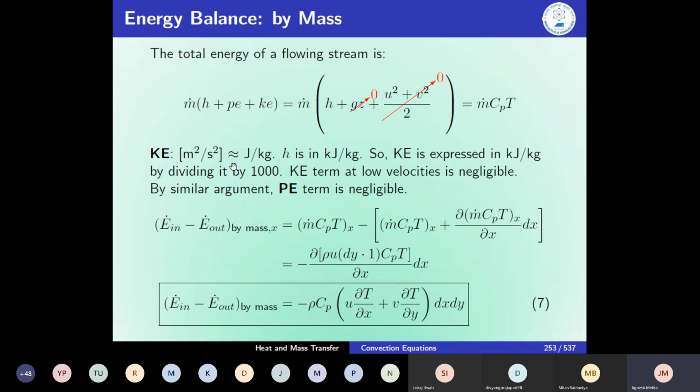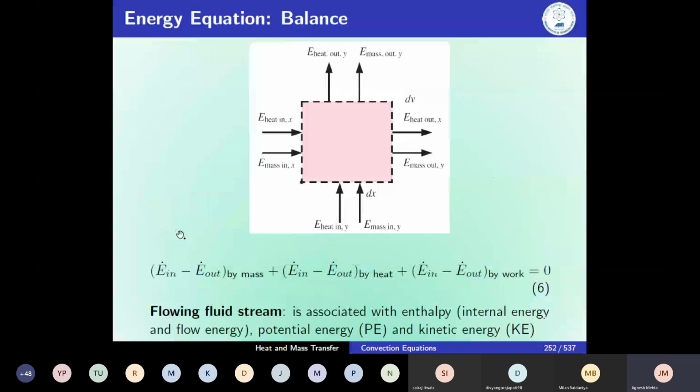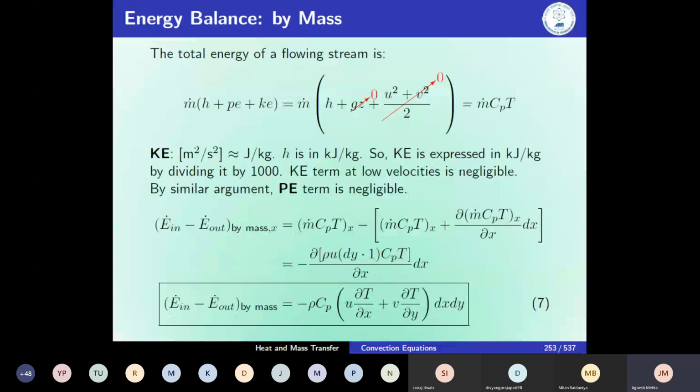Now the kinetic energy, the units, etc., are discussed, right? So if you use those parameters in the equation written in the previous figure, the difference is written here, and this term m cp T gets cancelled, right?